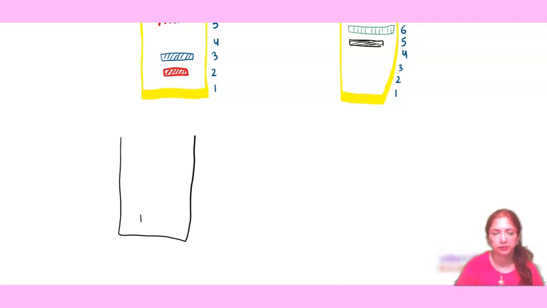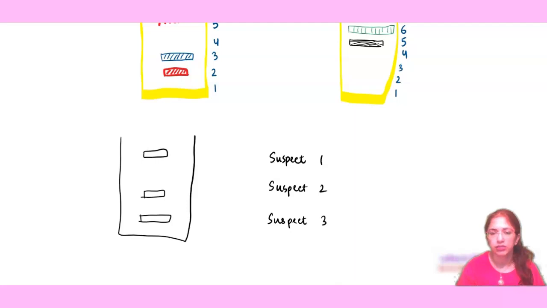Okay. So suppose we have got such type of banding pattern in the end from the DNA that we have got from the accidental site. Now there must be various suspects which will be involved in this accidental case or the murder mystery. Suppose we have 4 people involved and we say them as suspect 1, suspect 2, suspect 3 and suspect 4. Okay.